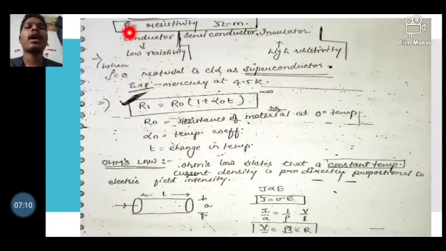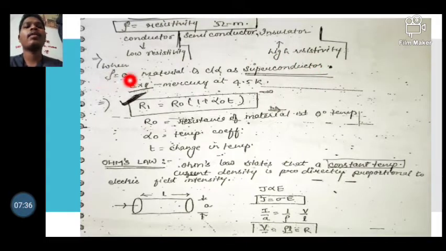Here I am showing you that rho is the resistivity. The unit of resistivity is ohm meter, and a conductor has low resistivity. Please remember that a conductor has low resistivity. That's why a conductor can transfer current, or transfer electrical energy, from one point to another point, whereas for a semiconductor and an insulator the resistivity is very high.